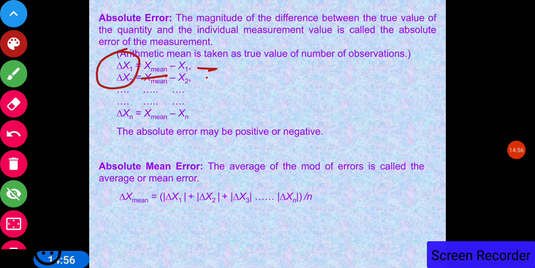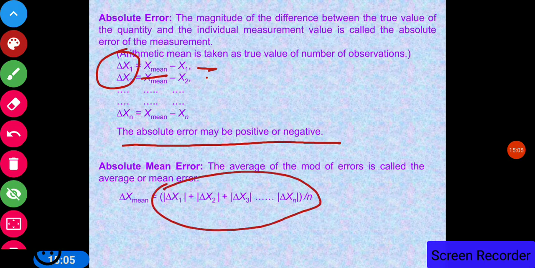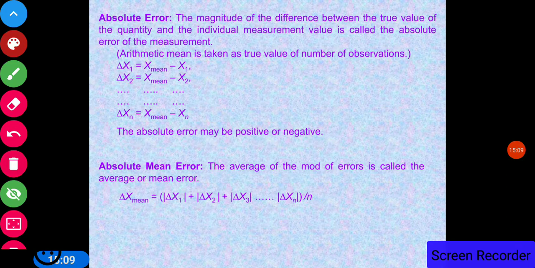The absolute error may be positive or negative. If you add all the absolute errors and divide by n, it will give you the absolute mean error. So the average of the mod of the error is called the mean error. Why mod?